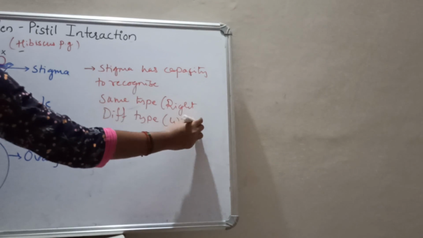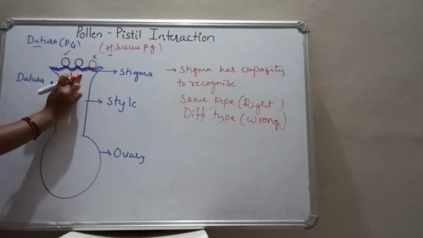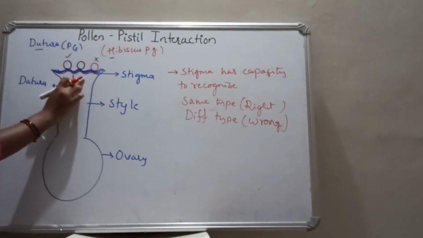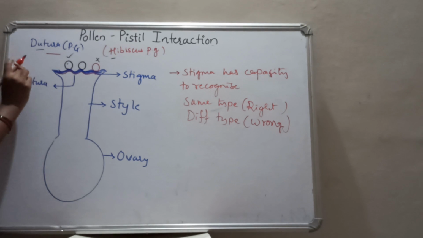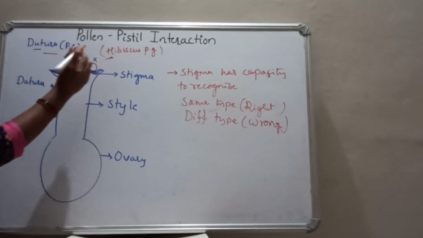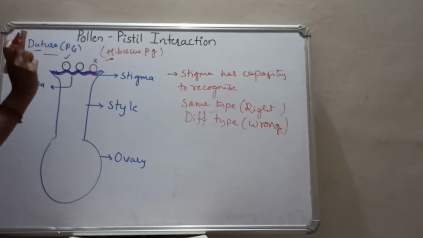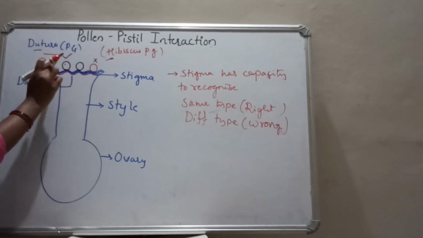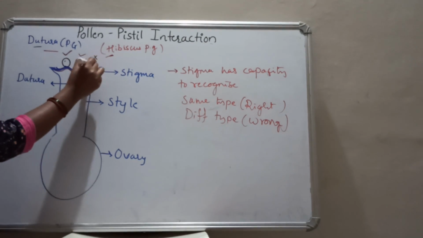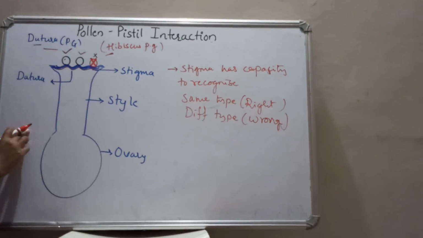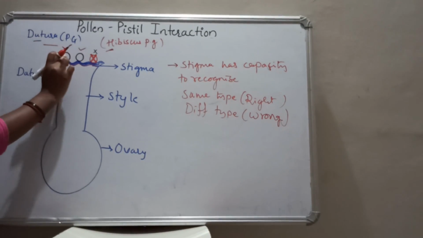The stigma only allows the same species pollen grain and rejects the different species pollen grain. Here the stigma only allows the same species pollen grain.